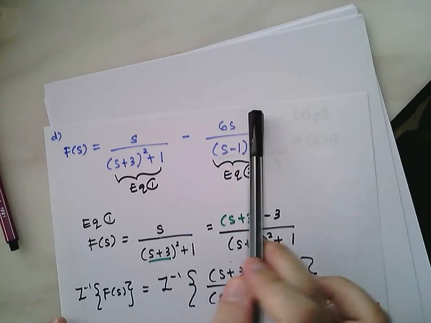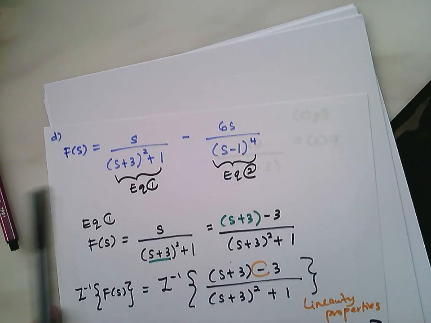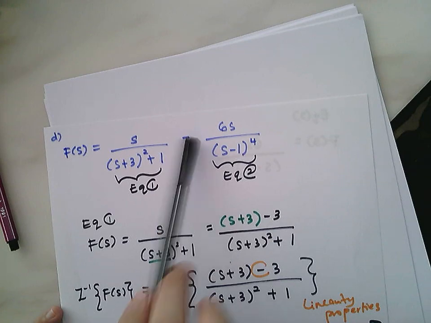I just take this function. Later when I have the inverse of this one, then I minus it by the inverse of the previous one.